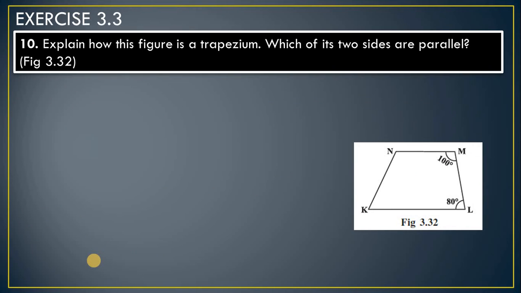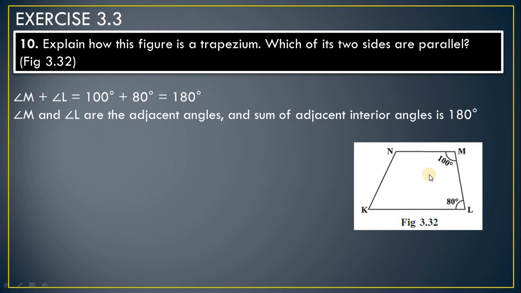Next question: in the trapezium, which two sides are parallel? According to the trapezium, these two sides are clearly parallel in the diagram. Here M plus L, this is M and this is L, is 180, because they are adjacent angles, and the sum of adjacent interior angles is 180.